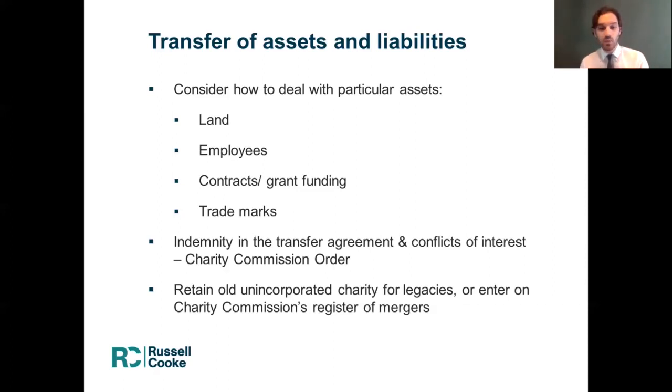The final thing I wanted to mention in relation to this transfer is usually once the transfer has happened, the charity closes the old unincorporated charity and enters a record of the incorporation on the Charity Commission's Register of Mergers and moves to operate just through the new incorporated charity in future.